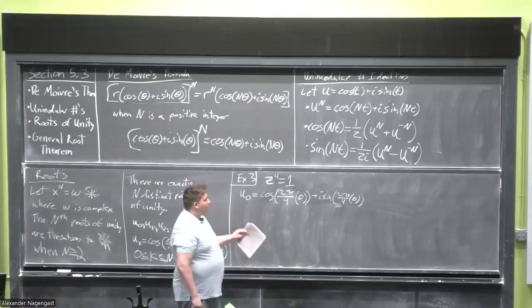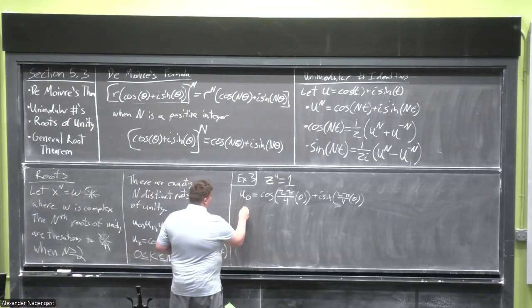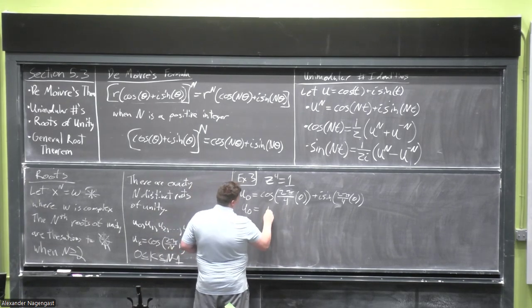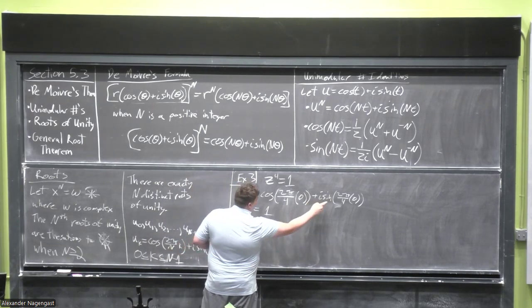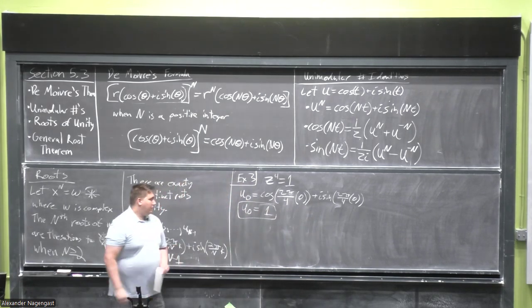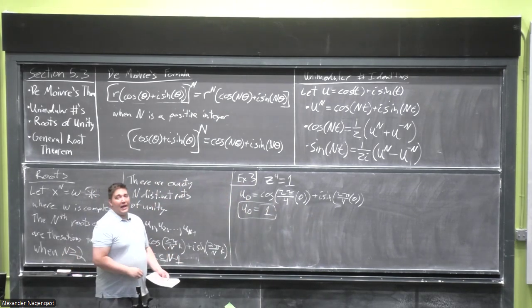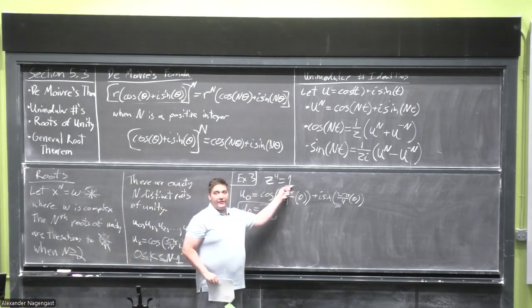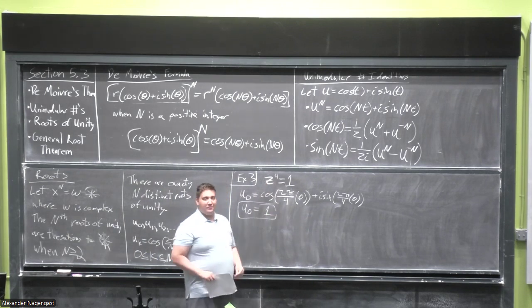Now when we evaluate this, we again get u0 is equal to cosine of 0, which is 1, plus i sine of 0, which is 0. So we have u0 equals 1. Again, makes sense. We should get this because 1 is a valid solution. 1 to the 4th is 1.